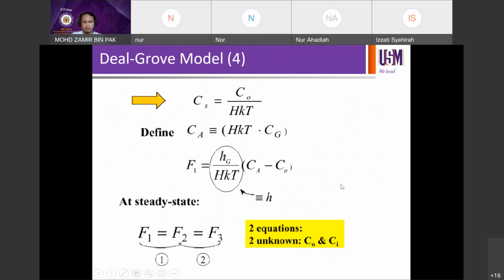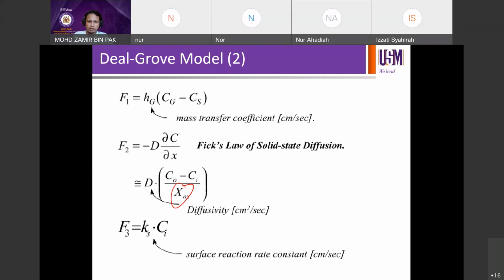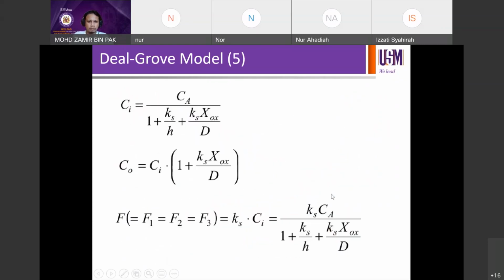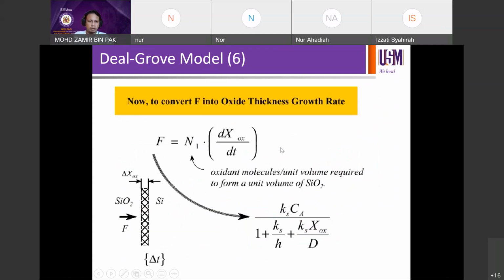So these are all derivation. At steady state, F1 is equal to F2 and equal to F3. So all the three fluxes are equal at steady state. This more detailed derivation you can go through later on. So we need to know how we convert the flux. We have the flux F1, F2, F3.